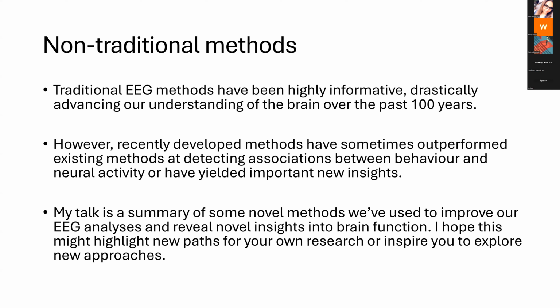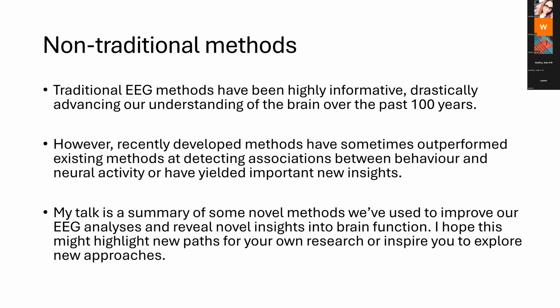I'm just going to start by noting that the traditional EEG methods have been really informative and have really advanced our understanding of the brain over the past 100 years. However, recently developed methods have sometimes outperformed traditional methods at detecting associations between behavior and neural activity, or have yielded important new insights.